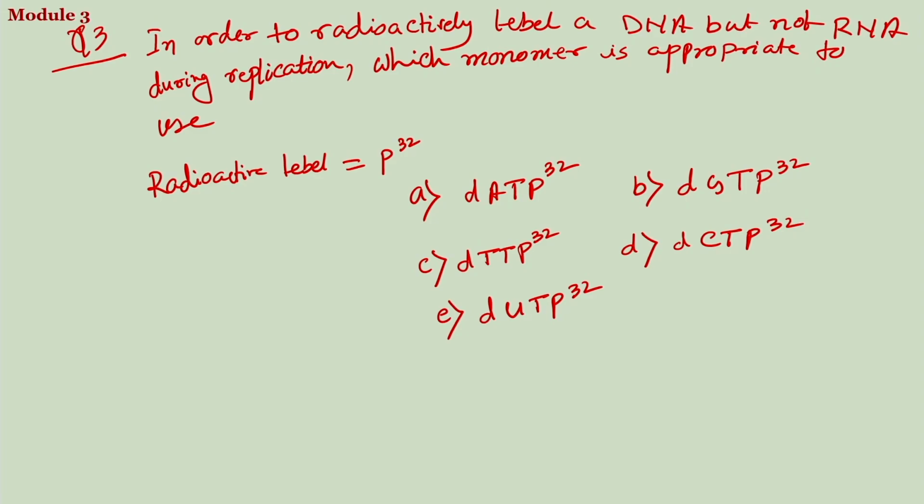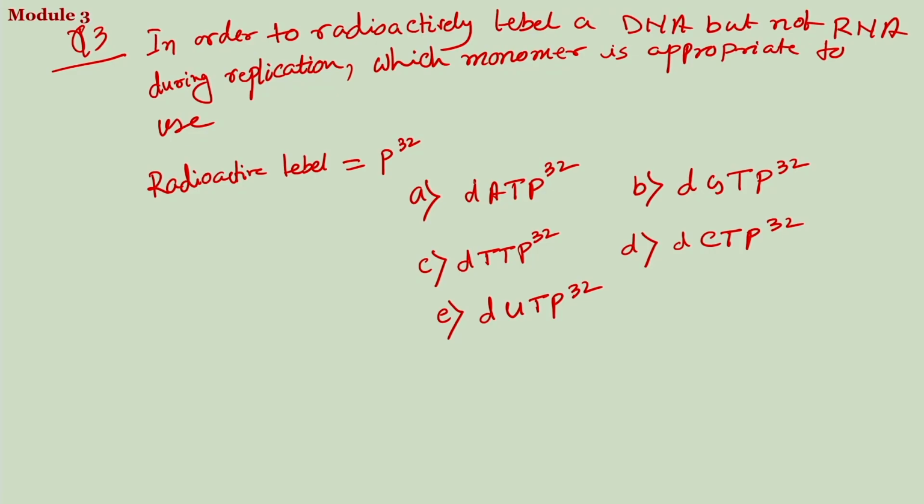Now, target DNA is there, target RNA is there. Both are having amplification, which essentially means that you have a DNA polymerase, you have the RNA polymerase also, and all these dNTPs. Now, you find out the monomer which is exclusively used for DNA and not RNA.